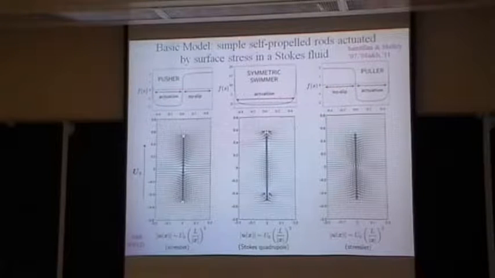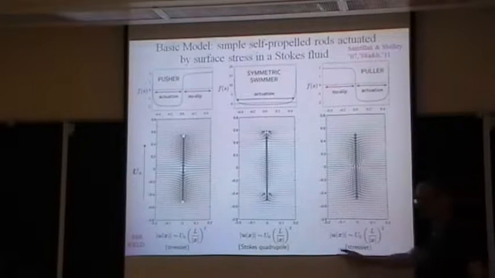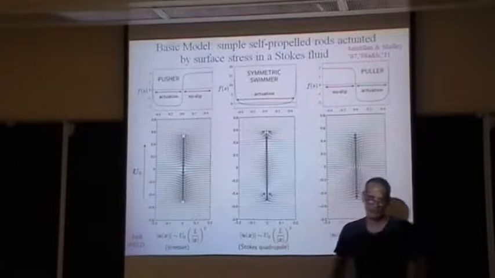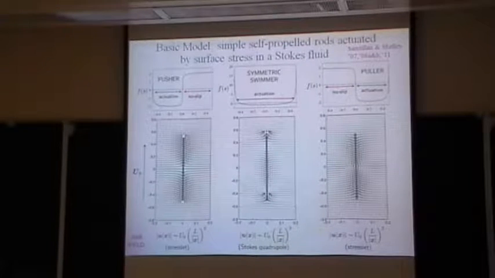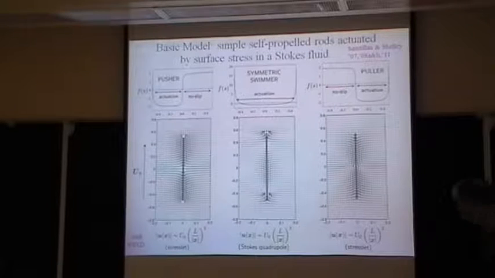And that looks like 1 over r squared. Okay, so in the suspensions of pushers and pullers, the interactions are through velocity fields that decay like 1 over r squared. Okay? In this particular case, this is actually a quadrupole, which means that its velocity decays like 1 over r cubed. Okay, and they don't interact very well with each other. So we don't bother, who wants to do the cases where there's not a lot going on.